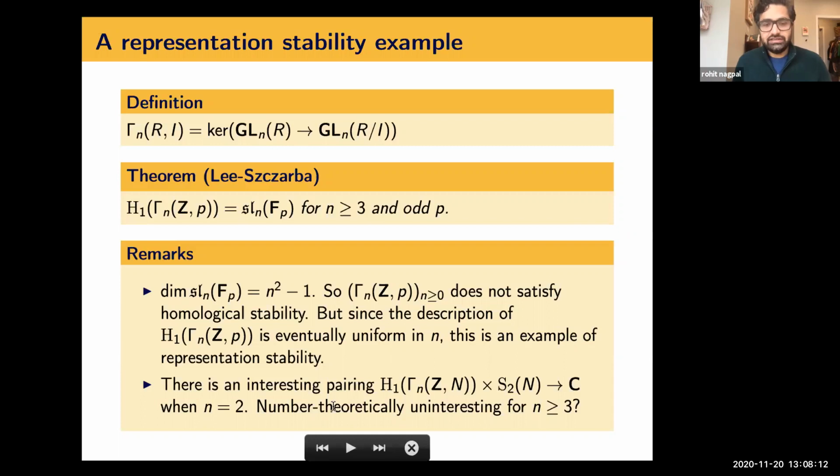And it's a pretty interesting pairing. But I think the result is basically saying that when N is large, the first homology is so simple that it's number theoretically not interesting. But anyway, I'm going to go over the proof because it has a really nice feature that I want to point out. So let's see the proof of this theorem.